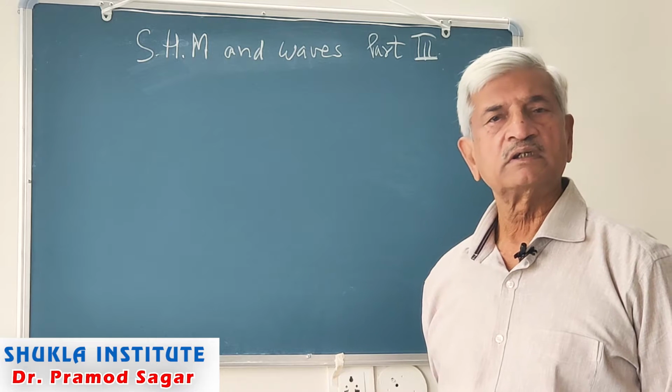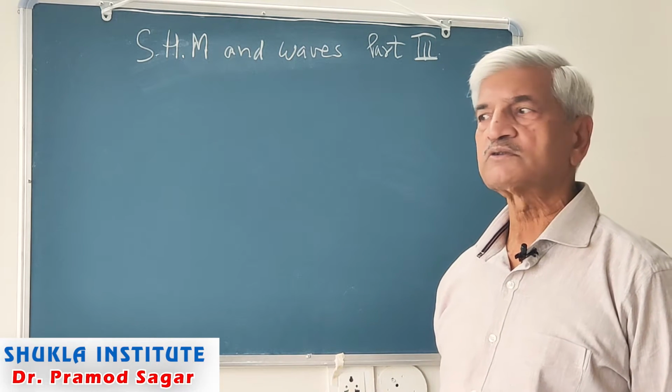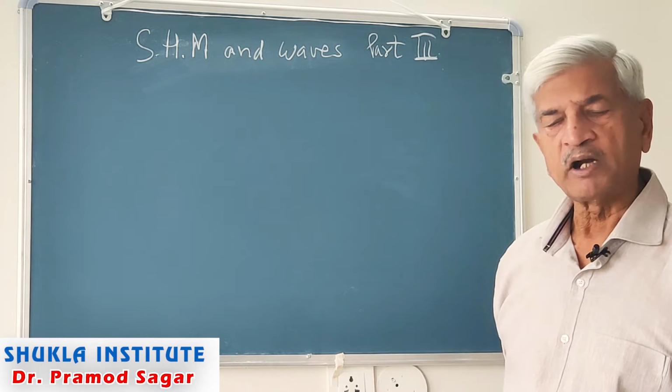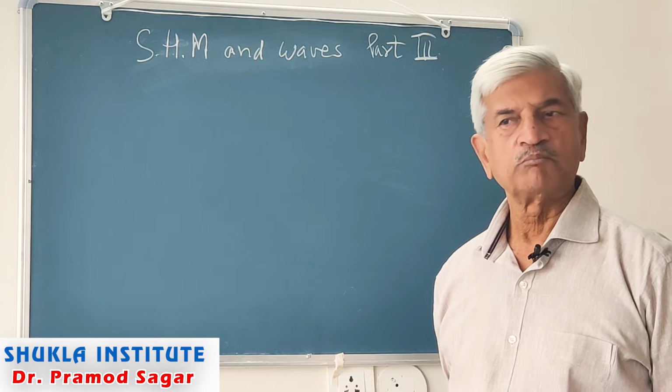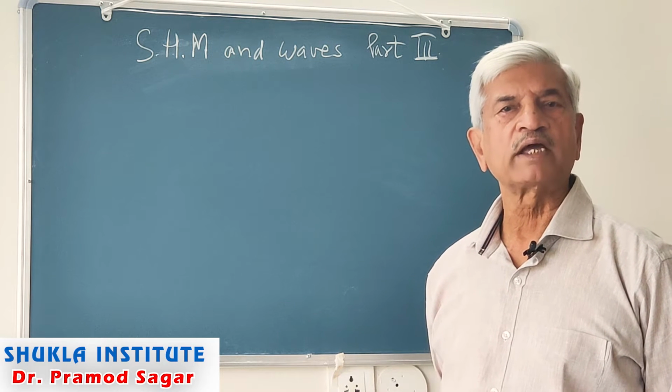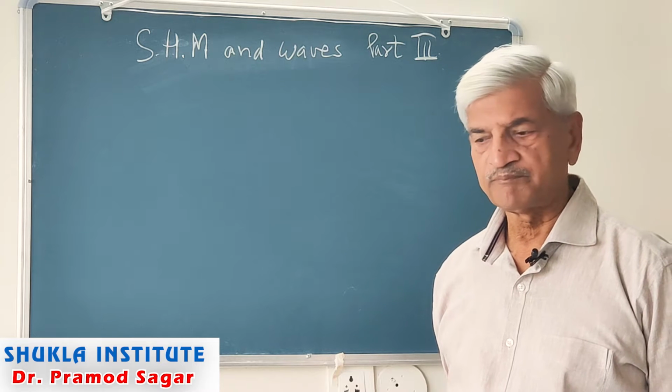We discussed the example of a simple pendulum. We also discussed that a particle moving in a circle does not execute SHM, but its projection on any of the diameter does execute SHM.